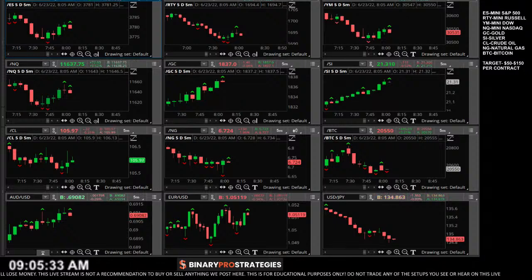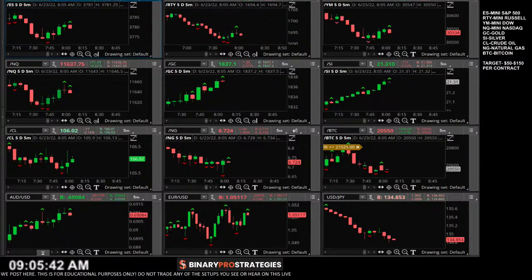That is going to be the profit target. And then if we don't hit the profit target on Bitcoin, it's going to want to reverse at 19,900.